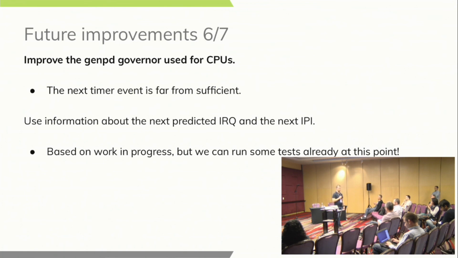In the next step of improvement, we'd like to get this kind of information considered in this governor as well, so we can get better selection of these cluster idle states. But at this point, we have taken a very simplistic approach to get things going and start with something. That's why we have this next timer event, because that's the fixed information that we have. It's nothing that needs to be predicted, so we just get this information and consider that as the next wake up. But there's more information here that needs to be considered, of course.